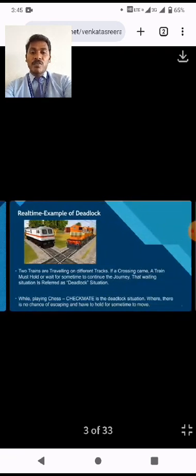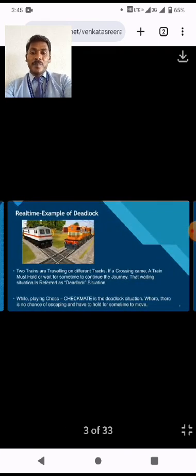The example for this deadlock is trains traveling on different tracks. Suppose two trains are going to cross the track. Compulsorily, one train should wait for some time for the other train to cross.